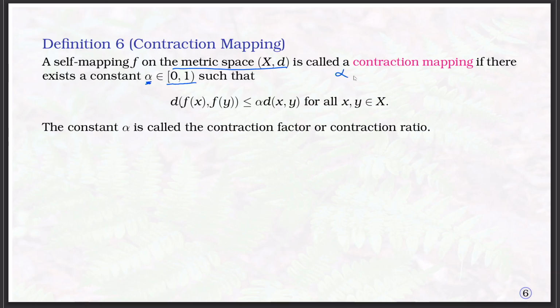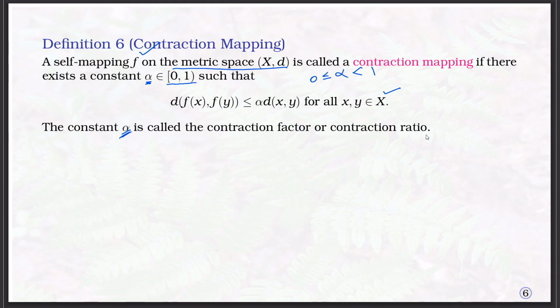That means the alpha value is greater than or equal to 0 and strictly less than 1, such that the distance between the images of x and y is less than or equal to alpha times the distance between x and y for all x and y in X. Then this mapping F is called a contraction mapping. The ratio alpha is called the contraction factor or contraction ratio.